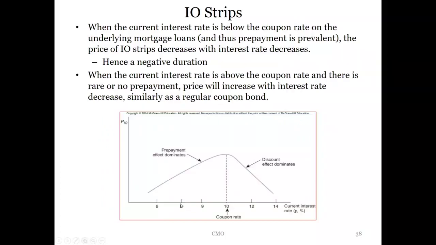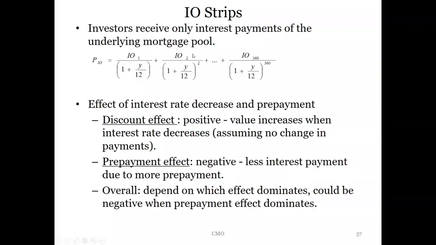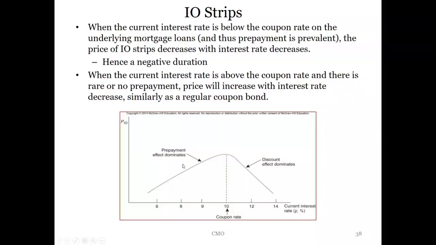When there is a lower interest rate, prepayment is going to be much more, which means the cash flows we receive from the IO strip are going to be much less. That effect dominates the positive discount effect, leading to the opposite pattern. Make sense? All good? Any questions?